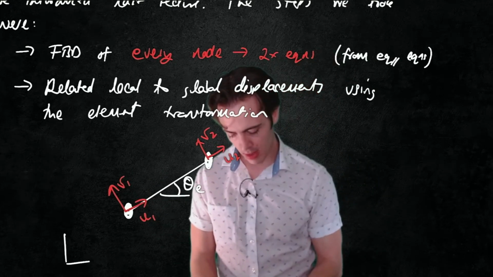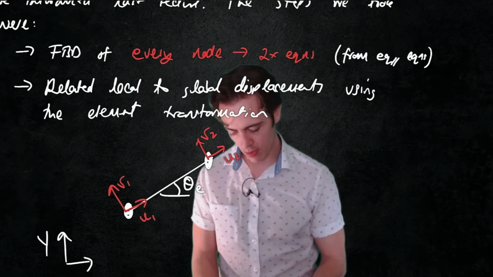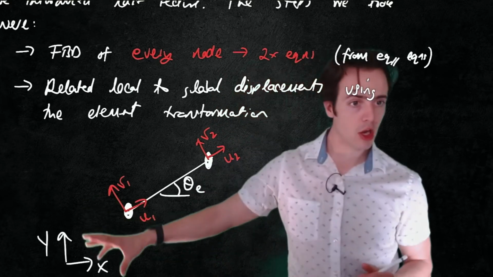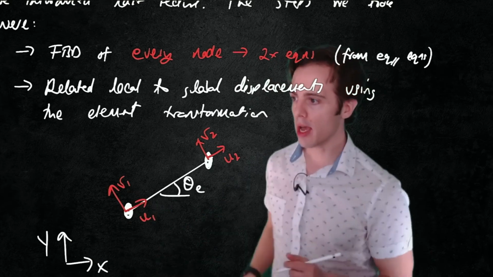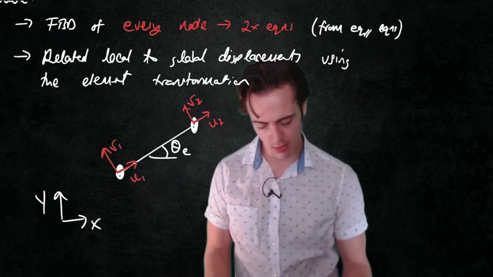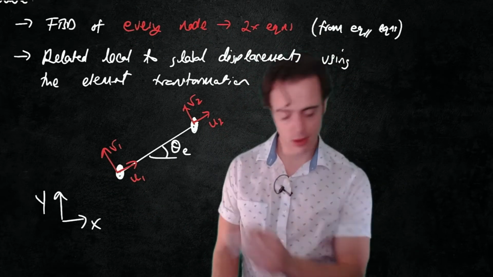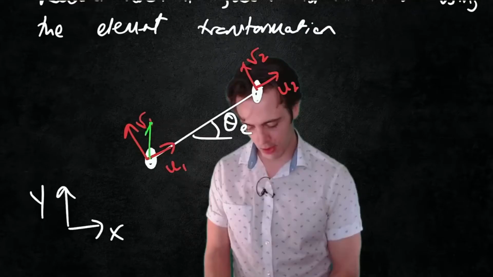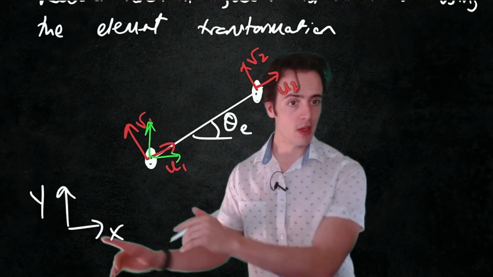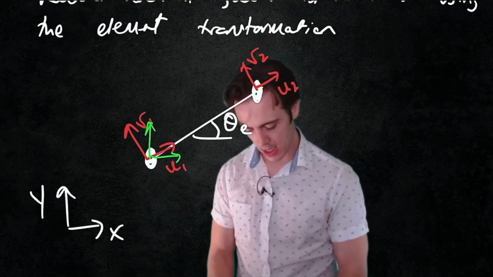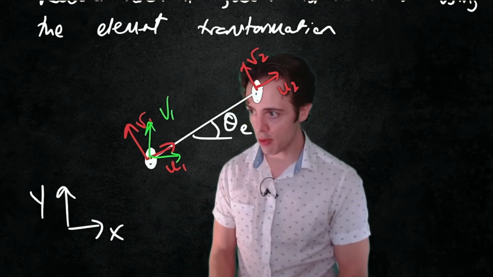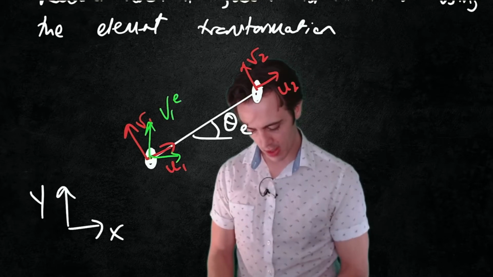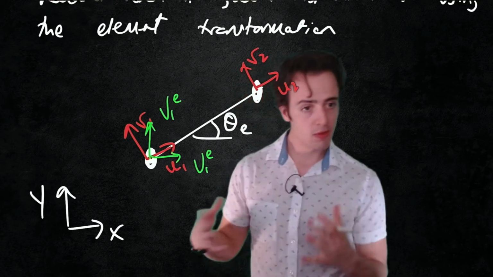We then were able to relate these to some global reference system. So we have these global coordinates x and y. We then said that these were related simply through this angle here. So at this node we could then say there's two displacements aligned with these axes here. This would be uppercase v1 for this element and uppercase u1 for this given element here.